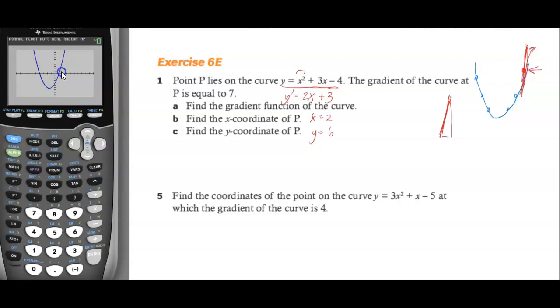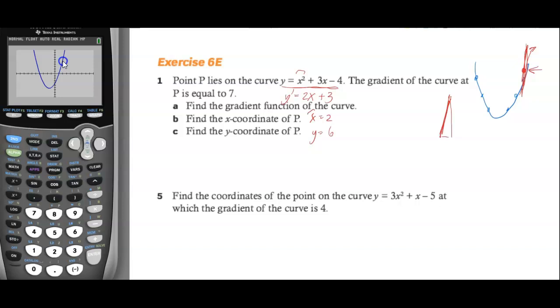So here is the parabola. At what point is the derivative 7? We found out that it's at 2, 6. So it's about there. How did we find out? We looked at the table. The table's the easiest way to see that.